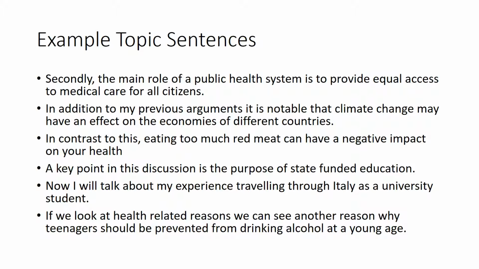Probably something to do with social problems, peer pressure, violence, things like that. Those are just some examples of topic sentences. You'll notice that they're all very straightforward. They clearly tell us what this paragraph will talk about. Of course, the next big challenge is to actually write the content that these topic sentences belong to.